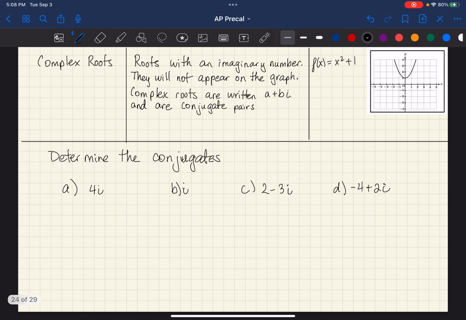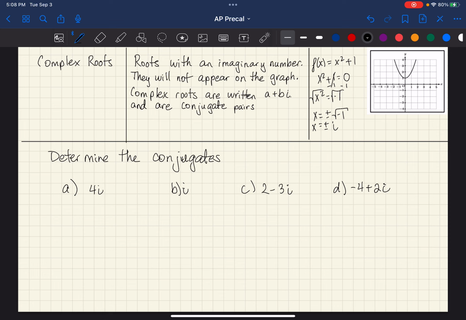If I set this equal to 0, x squared plus 1 equals 0, I subtract 1 from both sides, and I get x squared is equal to negative 1. Then I would do my radical, and I get that x is equal to plus or minus the square root of negative 1. Well, that's not going to work, so remember that this is really x equals plus or minus i. So there's my imaginary component.